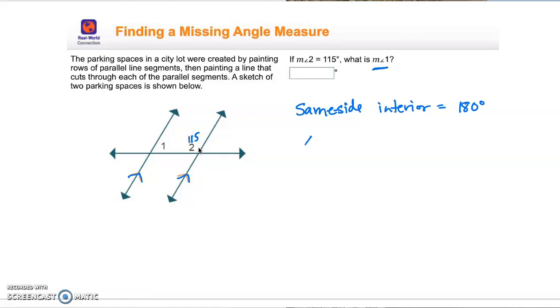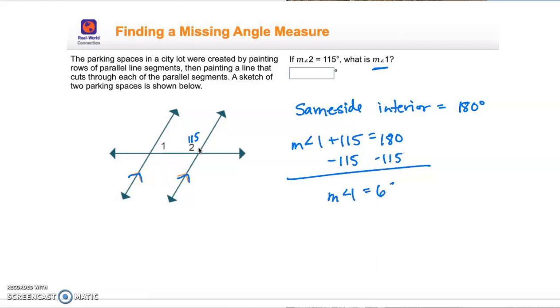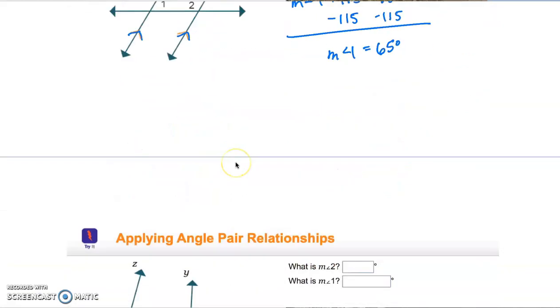So the measure of angle 1 plus 115 is equal to 180. All I have to do is subtract 115 from both sides, and I get the measure of angle 1 is equal to 65 degrees. So that's an application of this.